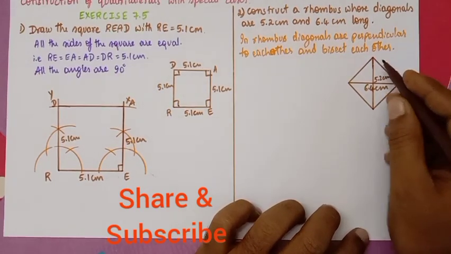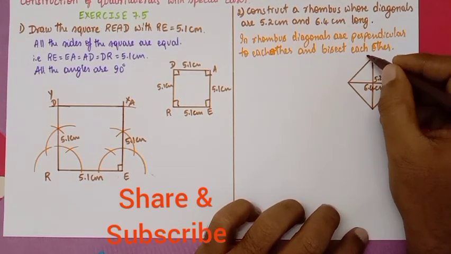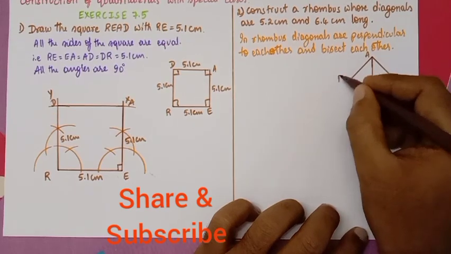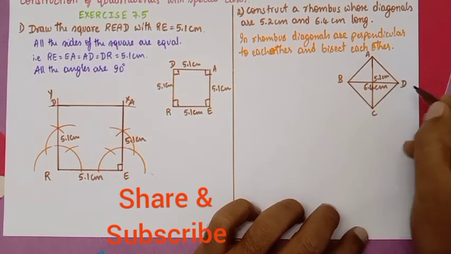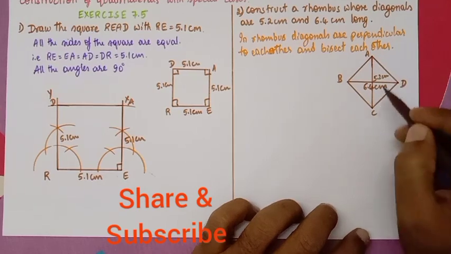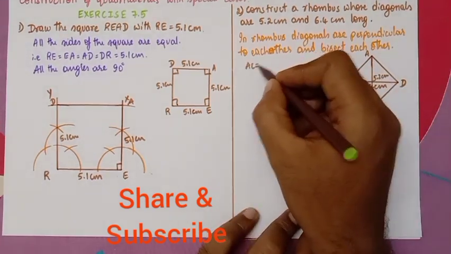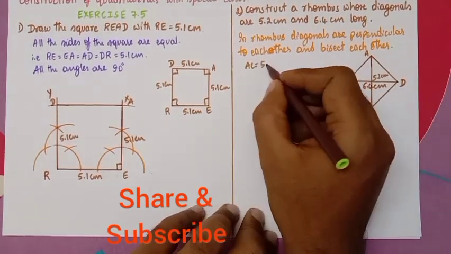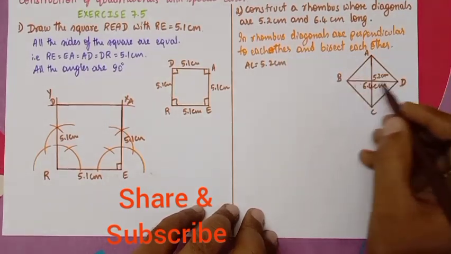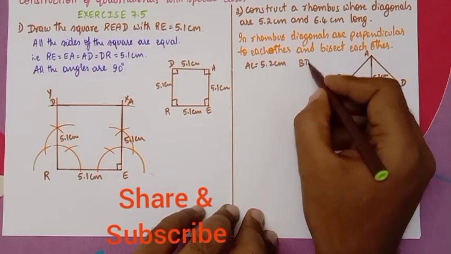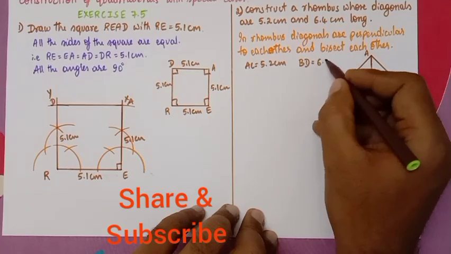Let me name this A, B, C, D. So AC is of length 5.2 centimeter, and BD is of length 6.4 centimeter.